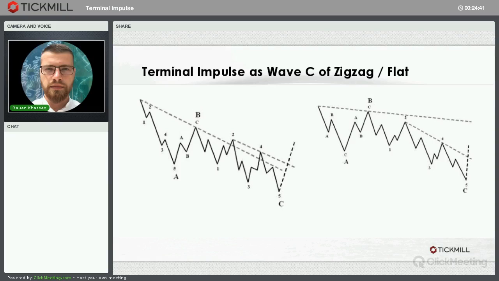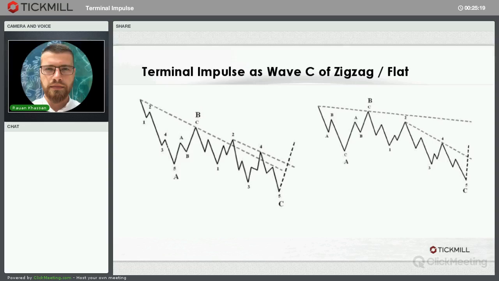In case wave C in zigzag is made up as terminal impulse, this line is crossed again, which is shown on the left screenshot. The logic behind such positioning is the same.